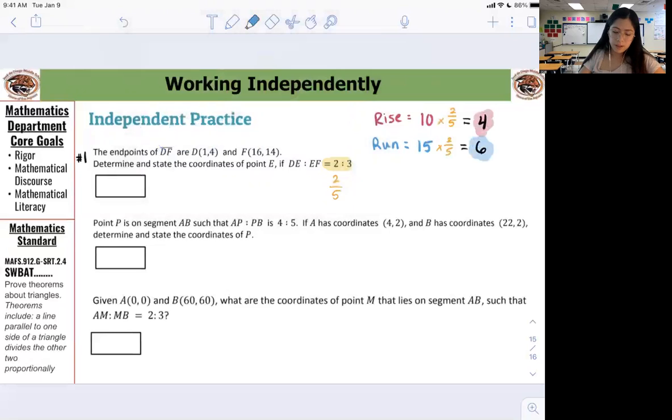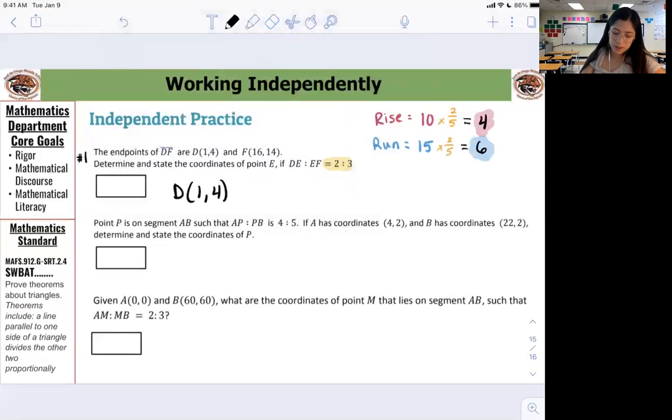Okay. So now in my final step, I need to add, so I originally start at D, it's 1 comma 4. So again, which number gets added to the 1? The 6. So this is my X value and my Y value.